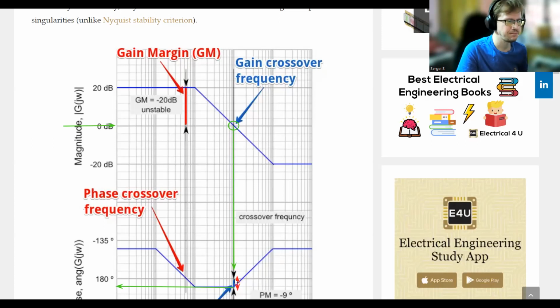Okay. The way people think about it is this. They'll say, how much can we shift the whole graph up and down before it collapses? And here we have just a few degrees that we can use to shift it up and down.